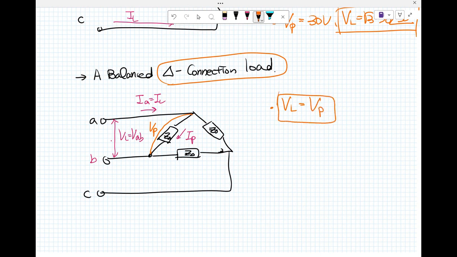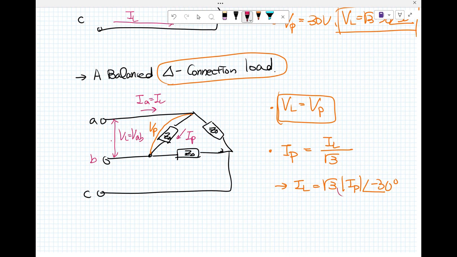And the line current is root 3 times the phase current. For the amplitude, usually I sub L is root 3 times phase current, minus 30 degrees.